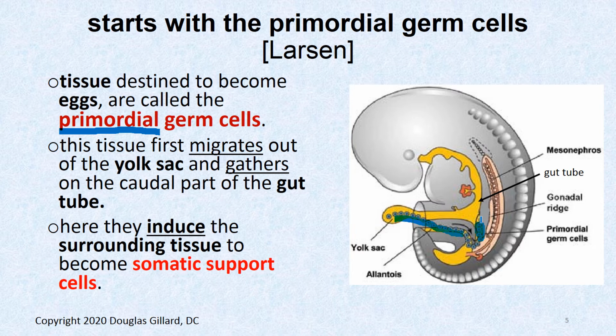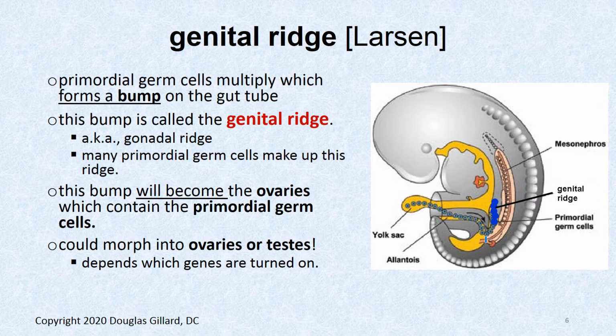They also induce some of the tissue around them to change, and they're going to be kind of like helper cells, and we'll see how they end up surrounding these primordial germ cells. And as they get bigger and bigger, a lump right here occurs, and that's actually got a name. That's called the genital ridge or gonadal ridge, and that's made of many primordial germ cells.